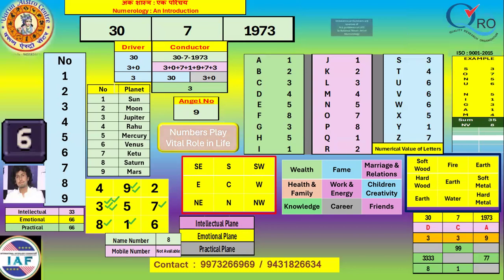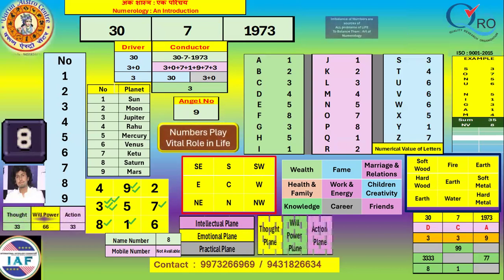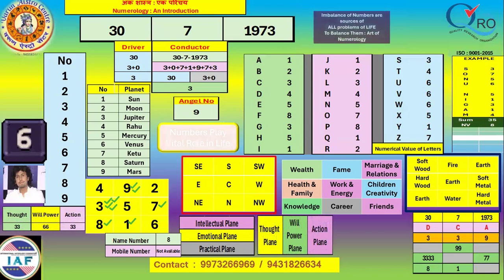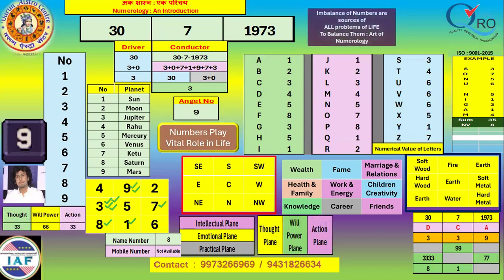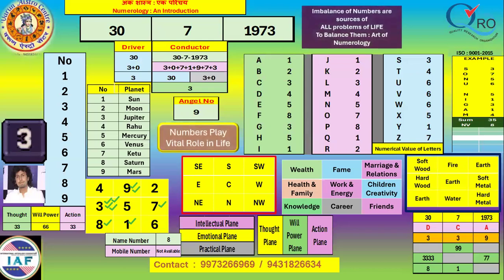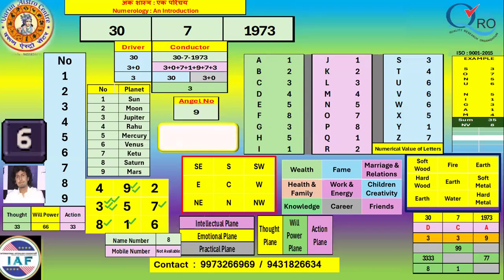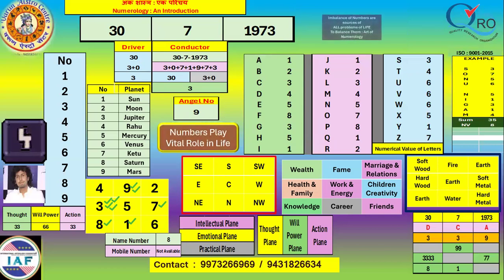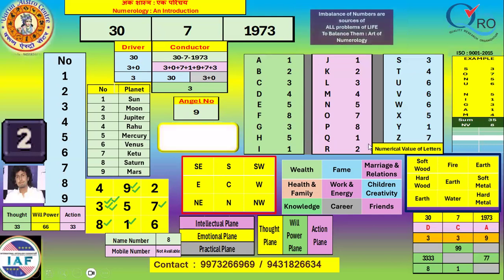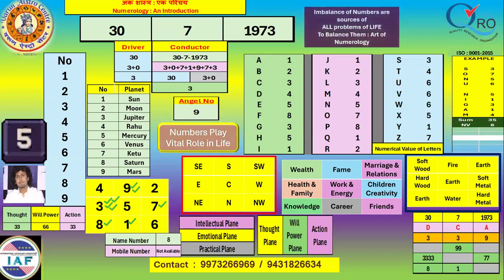Vertically speaking, his thought process is 66%, it was earlier 33%, willpower 66%, and action plane 30%. This thought process is 66% because two boxes are filling.